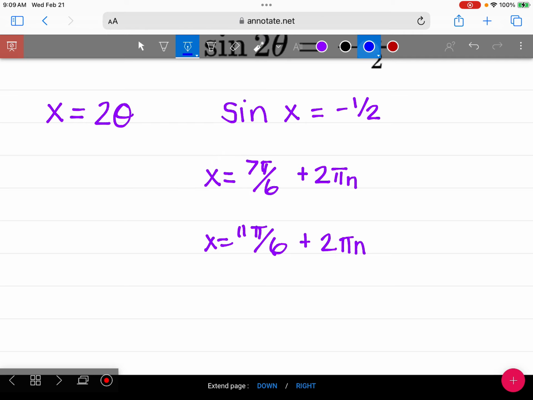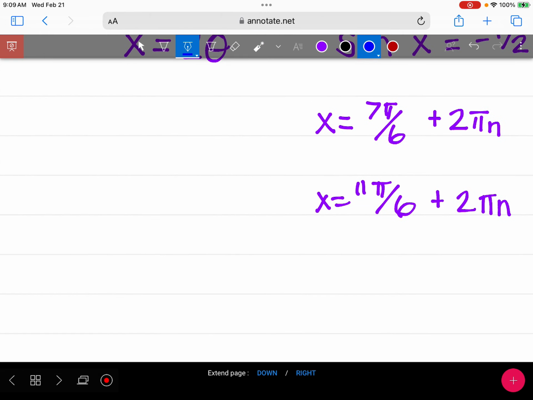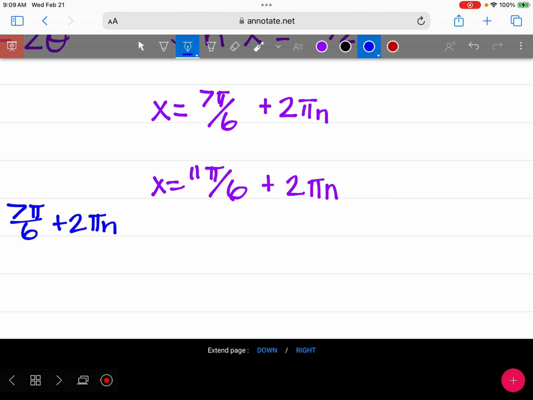So we're going to come back and re-substitute: 2 theta equals 7 pi over 6 plus 2 pi n, and 2 theta equals 11 pi over 6 plus 2 pi n.